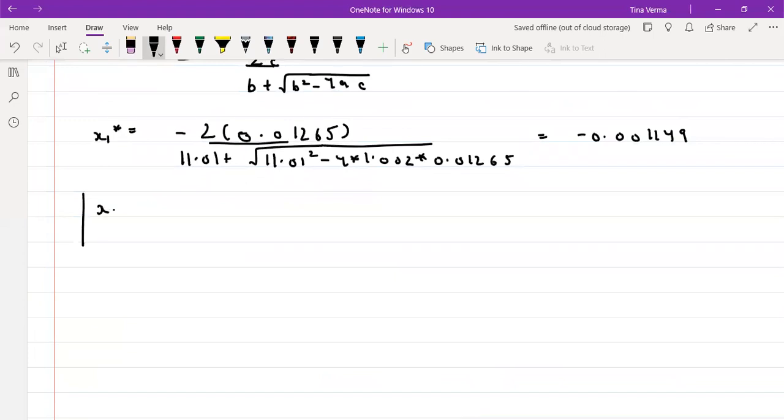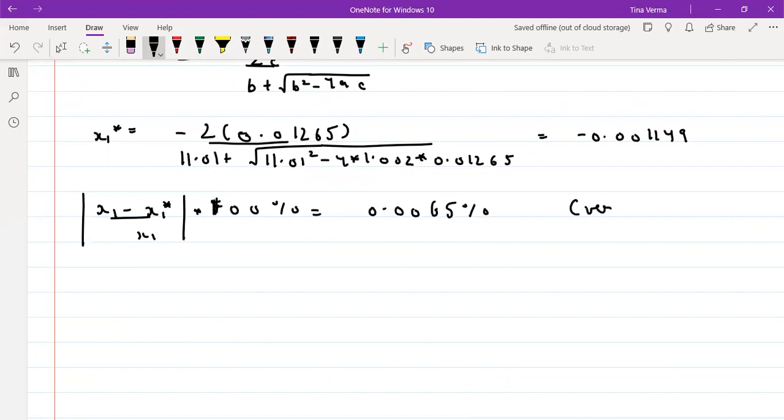Now we can check the relative error in this case, that is x1 minus x1 star divided by x1. If we calculate the percentage error, this comes out to be 0.0065%. This is very small compared to the previous one, where we got an error of 334%, which is very high.